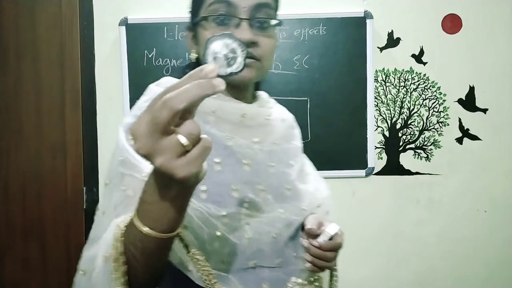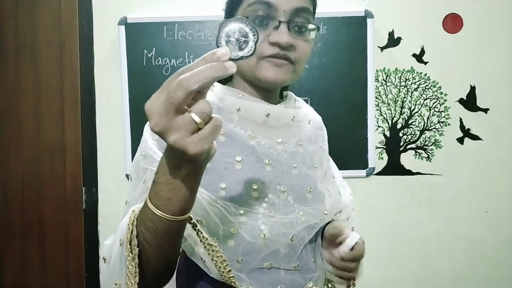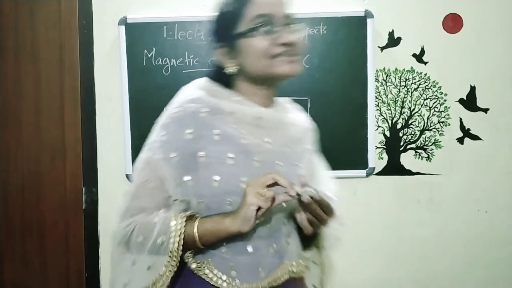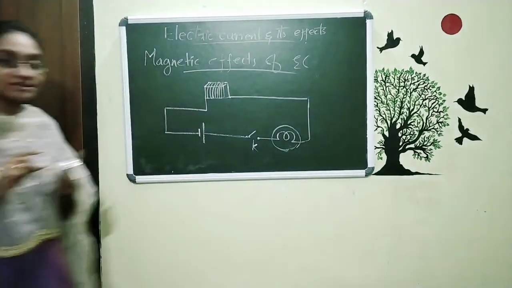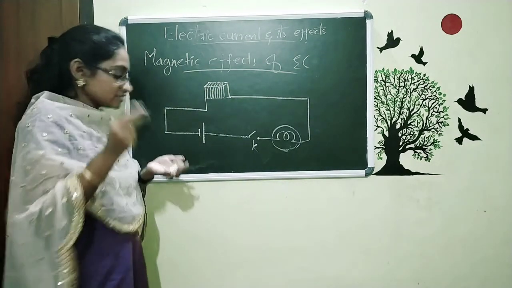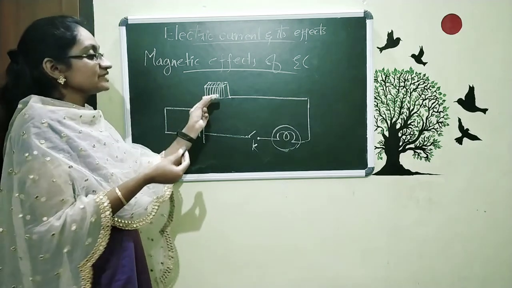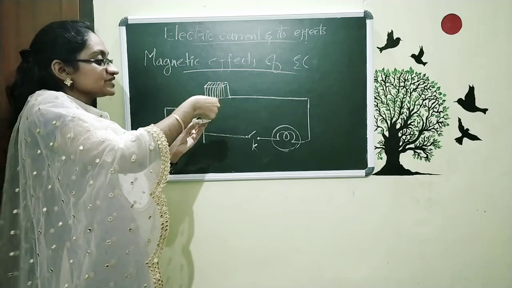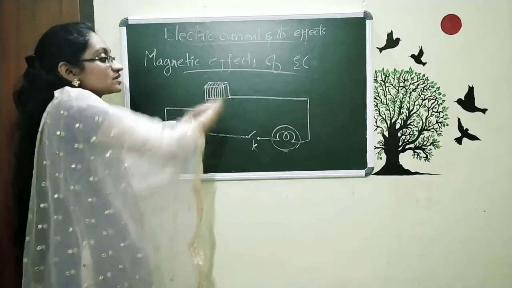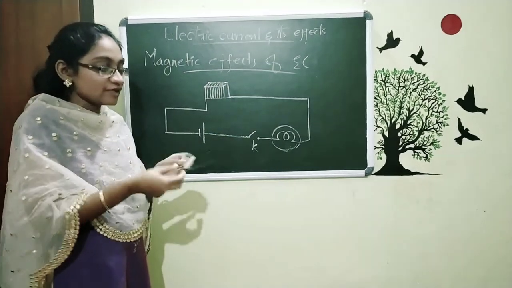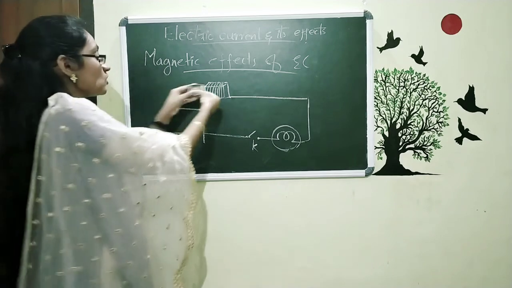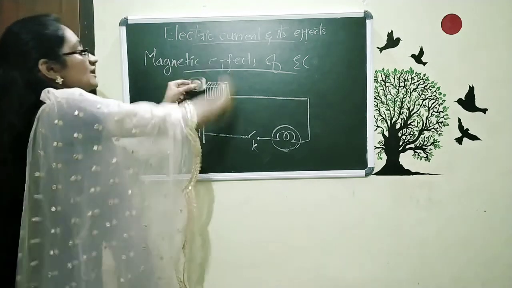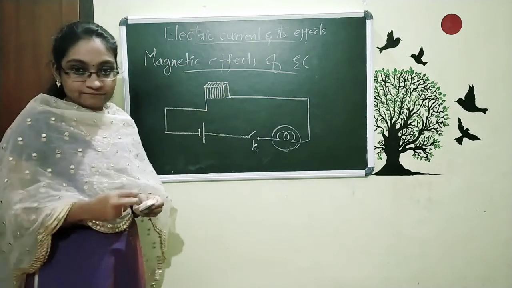Compass means this thing. I feel you are familiar with this, and we call it Vadakku Nokkiyantram. This box is just kept like this, and we want to put this compass inside this winding wires. That means I just want to put this compass inside this box, and after that, we are winding these wires.